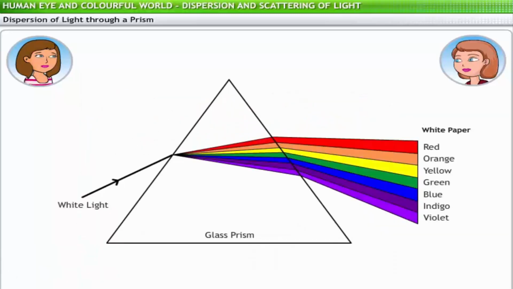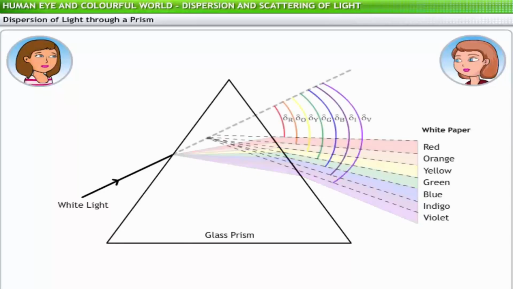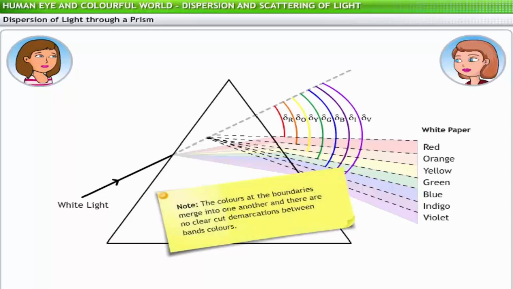This leads to a difference in the refractive index of the glass for each of the colors. The difference in refractive index leads to different angles of deviation for each of the colors when light is passed through the prism. This is how we obtain a band of different colors on the screen.